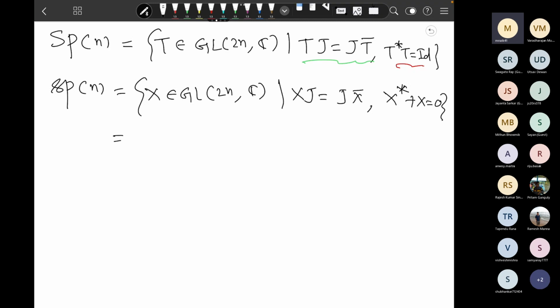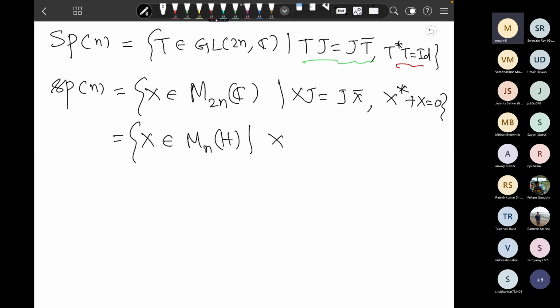Yes sir. Why should X be invertible? Why is X in GL(2n,C)? Oh, M(2n,C) sir. Yes, thank you sir, I really made that mistake. So X belongs to M(2n,C), and X plus X star is equal to 0 in the quaternion model.